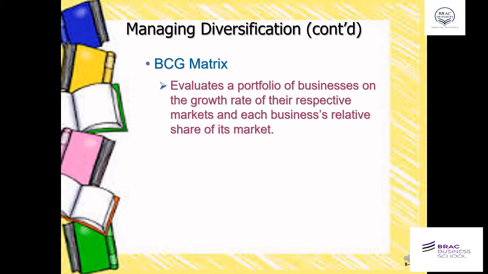What's the scope in the market, and how am I grabbing that scope to expand my business? That is growth rate. And what about market share? There are some competitors who are operating in the market. By comparing the customer share with my competitors, how much share I have in the market, that one is market share.